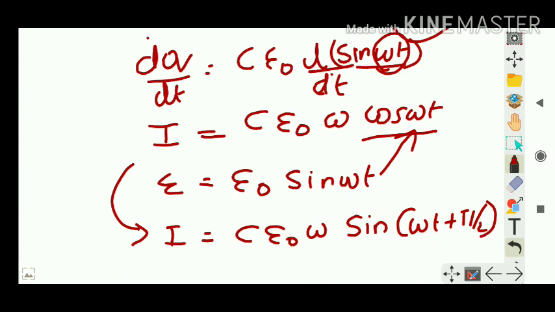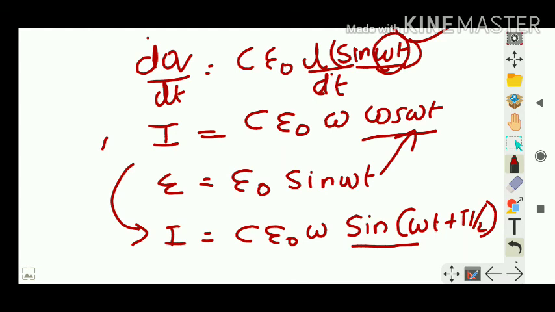Why? Sine theta plus 90 is cos theta, right? So now I have written both EMF as well as current in terms of sine. Just there is a small difference: in EMF it is omega t, and in current it is omega t plus pi by 2, right?